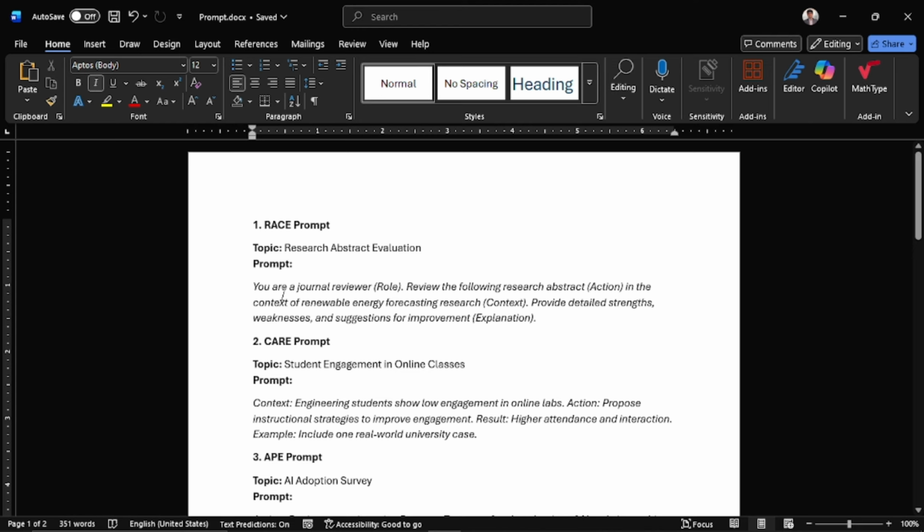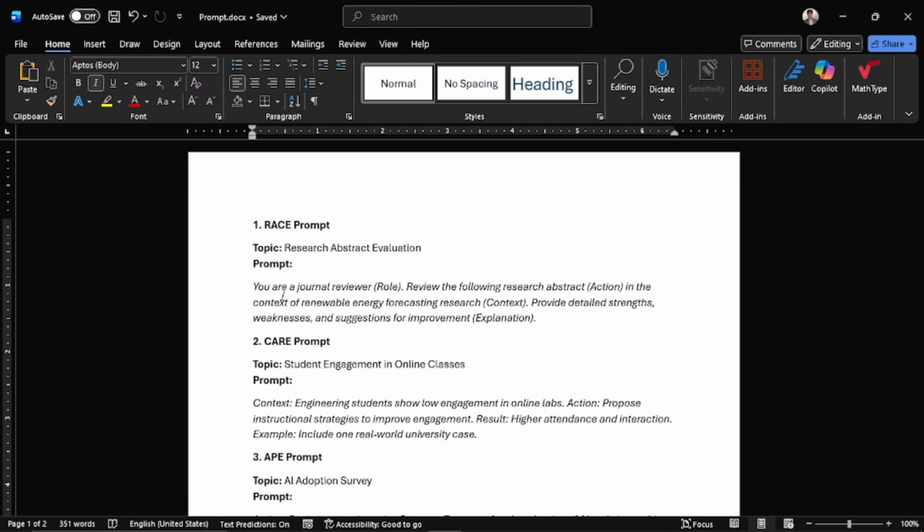So I'm telling ChatGPT, you are a journal reviewer, review the following research abstract, that is the action it has to do, in the context of renewable energy forecasting research. Provide detailed strengths, weaknesses, and suggestions for improvement. So this is the RACE prompt. So you give the role to ChatGPT, you give it an action, the context, and the explanation.